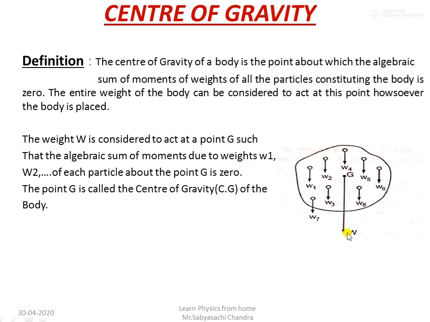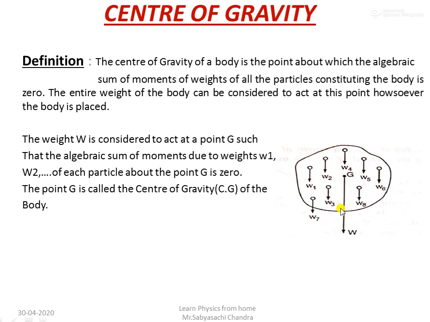A body can be considered to be made up of a large number of particles. That is, if the body is large, we can think that it is a sum of W1, W2, W3, W4, and so on. As the size of the body is quite small in comparison to the size of the earth, the force of gravity W acting on these particles can be assumed to be parallel to each other, as shown in this diagram.